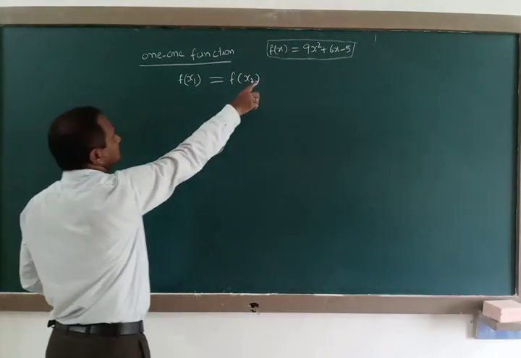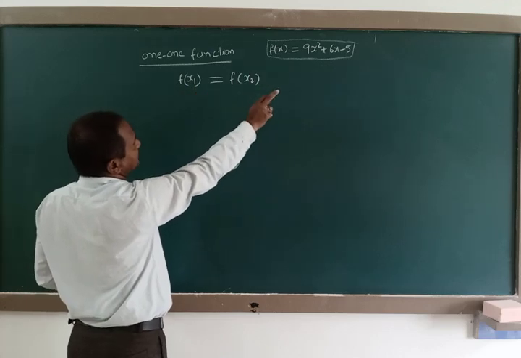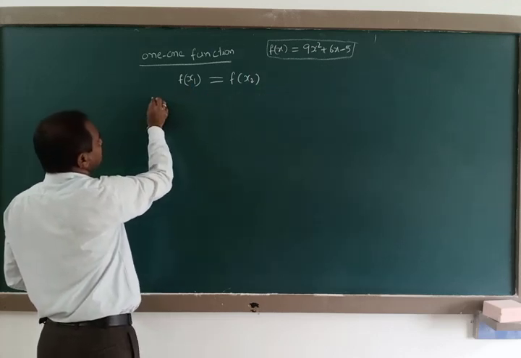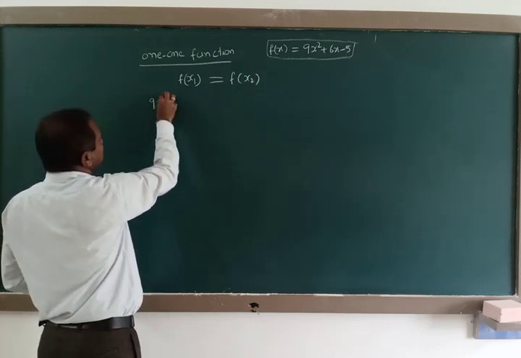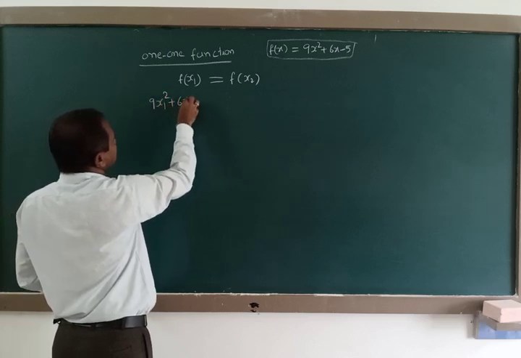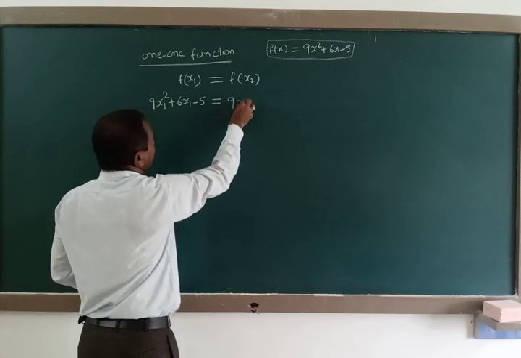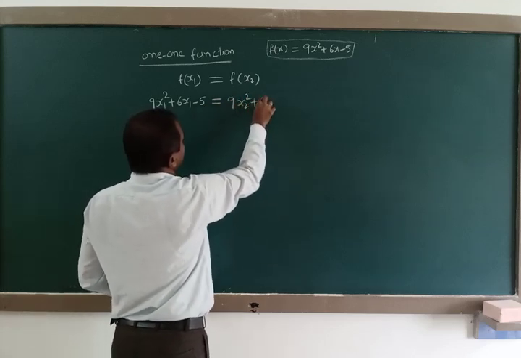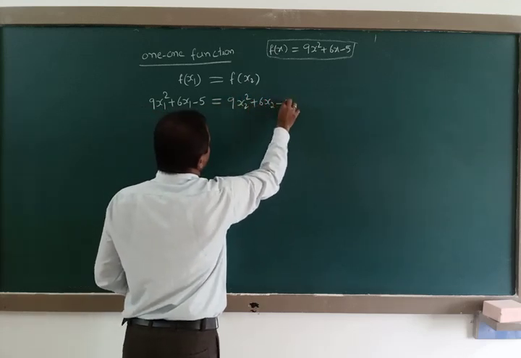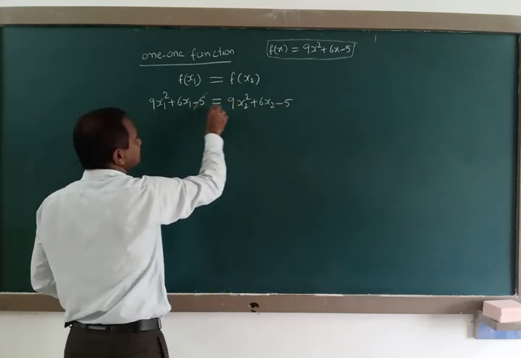F of x is 9x square plus 6x minus 5, so f of x1 becomes 9x1 square plus 6x1 minus 5 is equal to 9x2 square plus 6x2 minus 5. Minus 5 gets cancelled here.